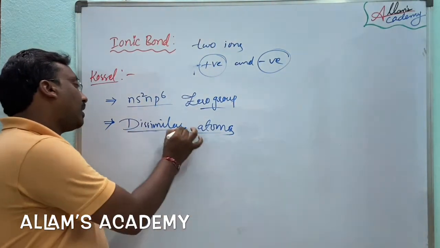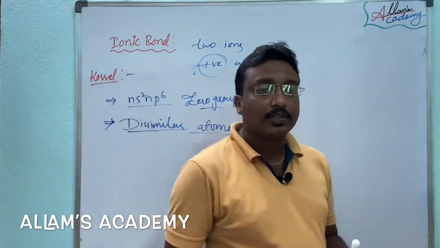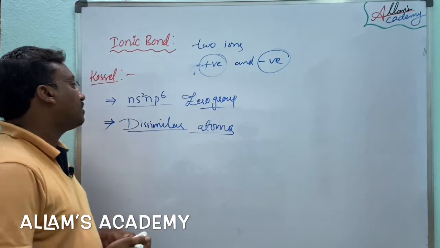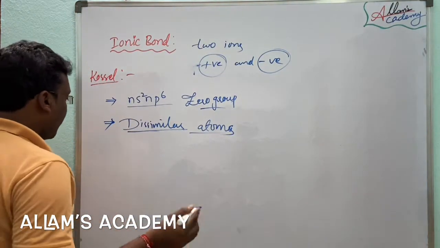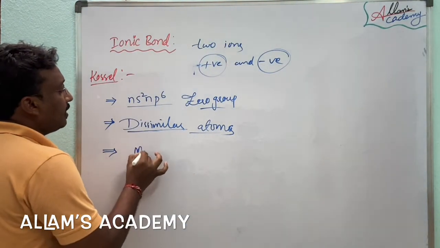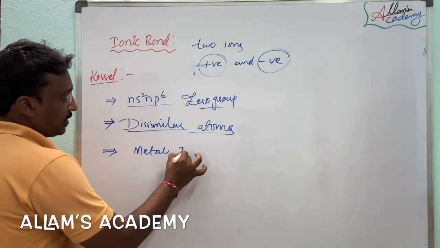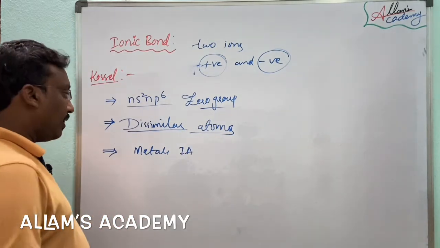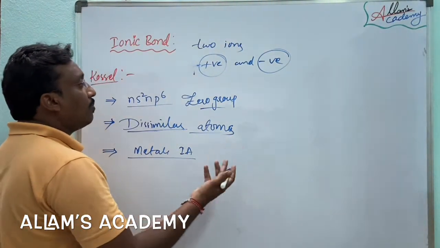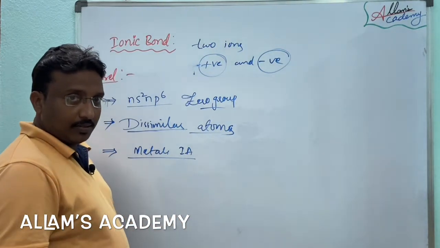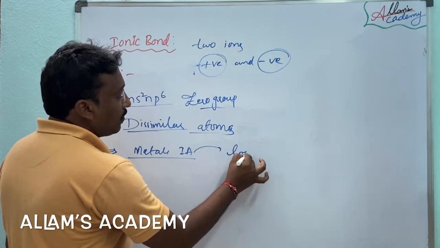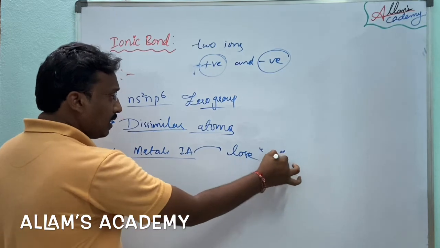In metals, like the first A group, these atoms are ready to get the stable electronic configuration by losing electrons.